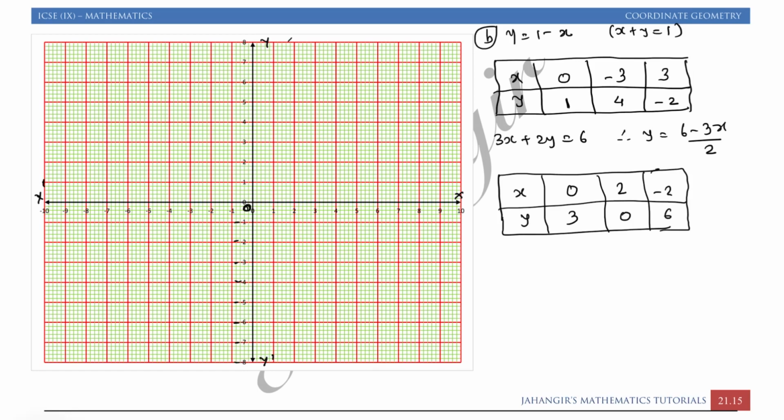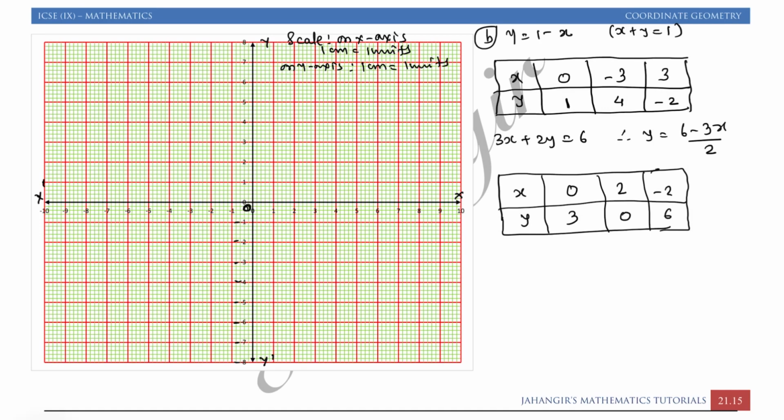Now scale you can write on your own. Scale is on x-axis 1 centimeter is equal to 1 unit, and even on y-axis 1 centimeter is equal to 1 unit.